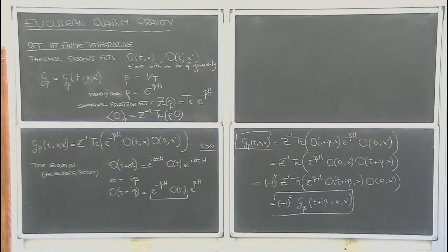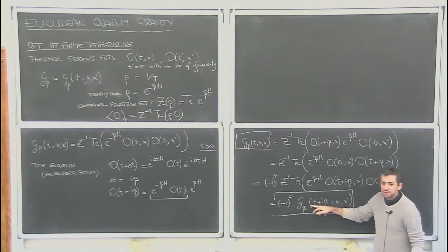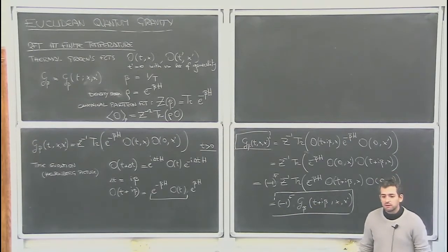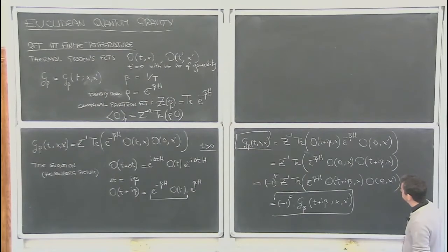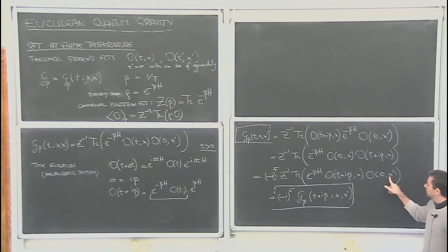Yes? t is still a Lorentzian time. So far it is still Lorentzian. That's why you have a relative i between the two. But then why can you commute the operators? I mean, t is a Lorentzian time. Why are they spaced like separate? x and x prime are different space points. But is there no light cone? It can be at different space points.